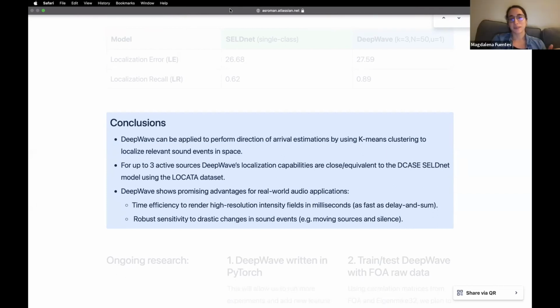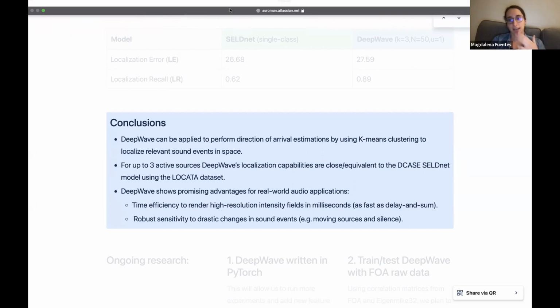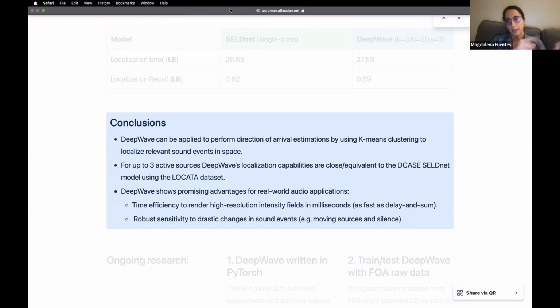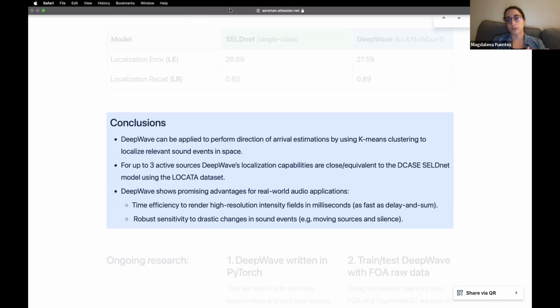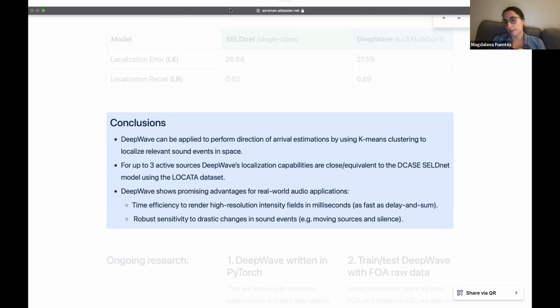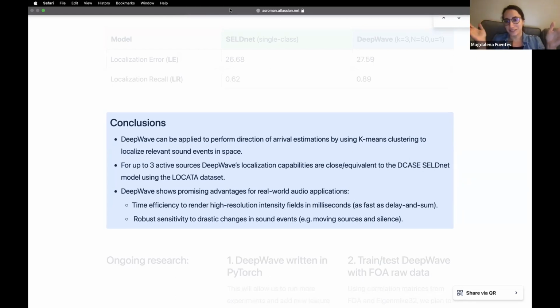Yeah, that sounds like something I would be curious about, seeing how much that is introducing error in the labels that you're giving to DeepWave to learn. And maybe if you introduce a small k-means or something that directly uses the annotations from the data set, you might have a boost or not. I'm just curious. Yep, makes sense. Very nice. Thank you.